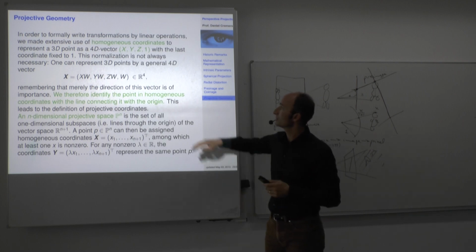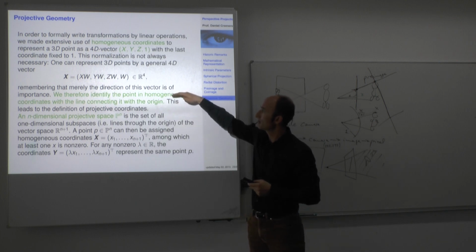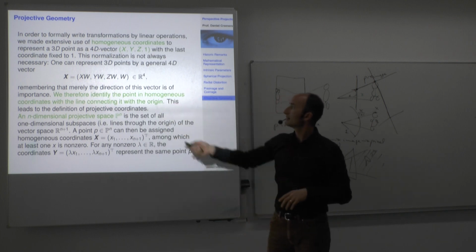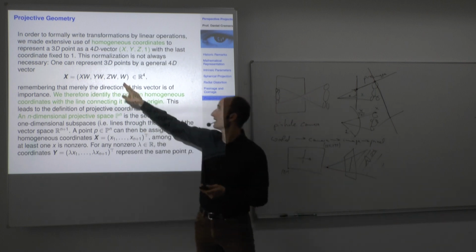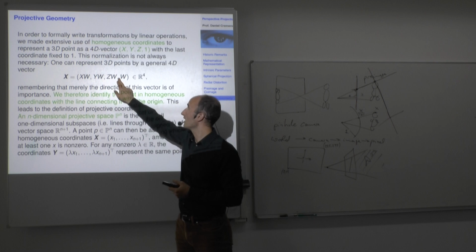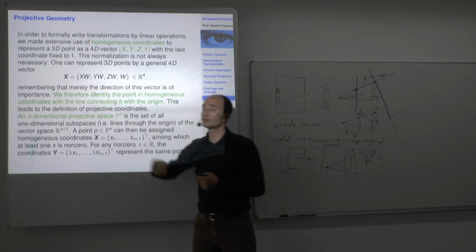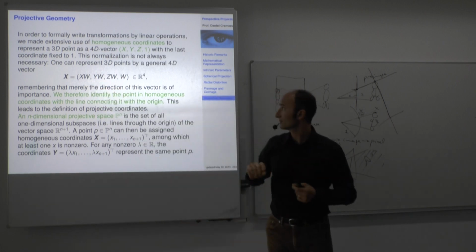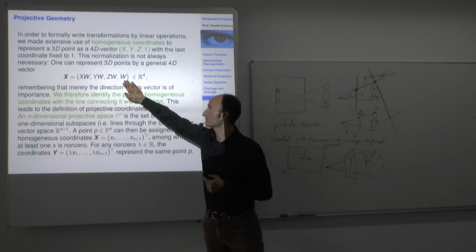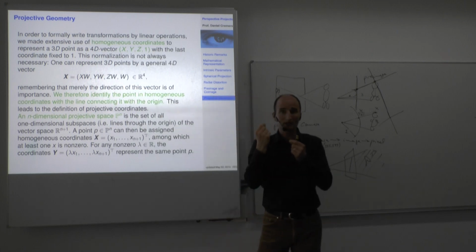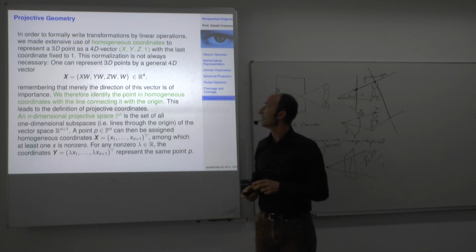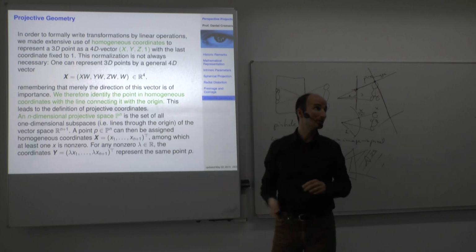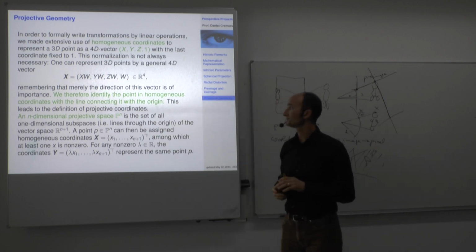And so in that sense you can identify points in homogeneous coordinates with lines in R4 that go through the origin, because if you consider all possible scale factors W, in particular 0, this is a line going through 0. Parameterized in W, this is a line in 4D going through the origin, and it represents the homogeneous coordinate vector here.